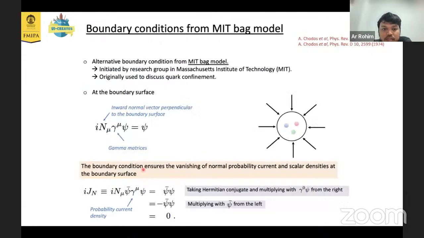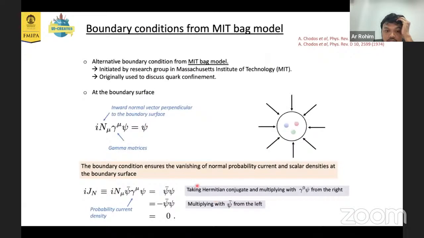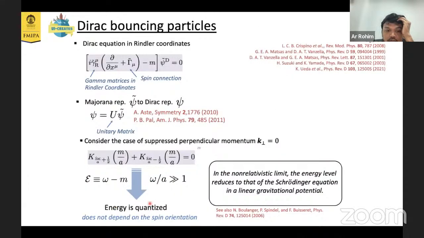If you see this figure, the zeros of the modified Bessel function do not continue along z. For example, if we consider this modified Bessel function only, the zeros are this one, this one, this one, and so on. So it does not continue along z, which means the energy is quantized.